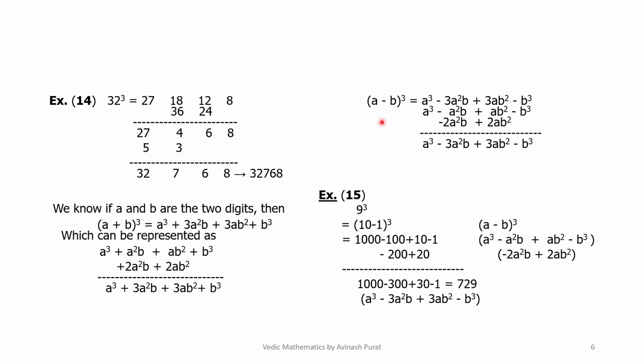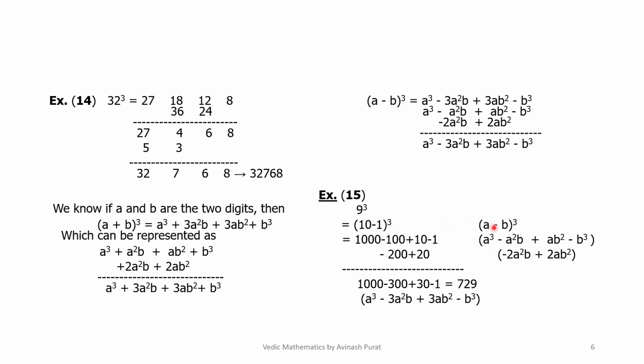Now we use this principle here for example 15. 9 cube: 9 is 10 minus 1, so 9 cube is (10 minus 1) cube.